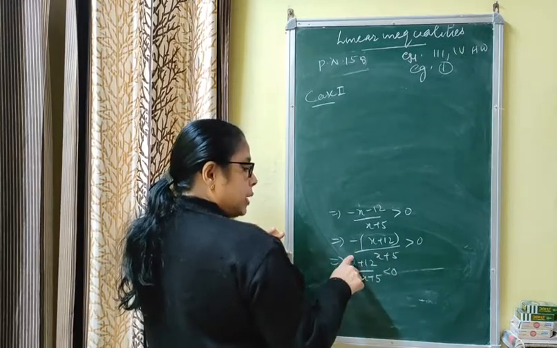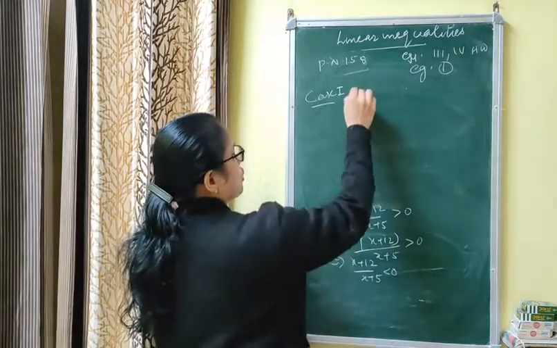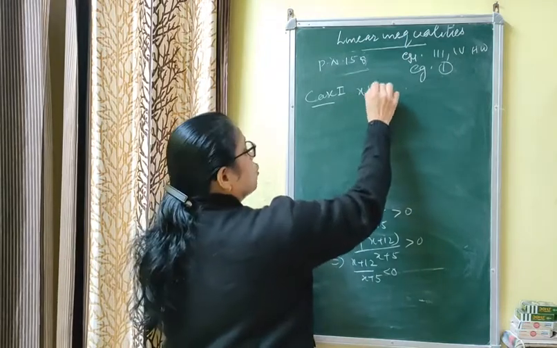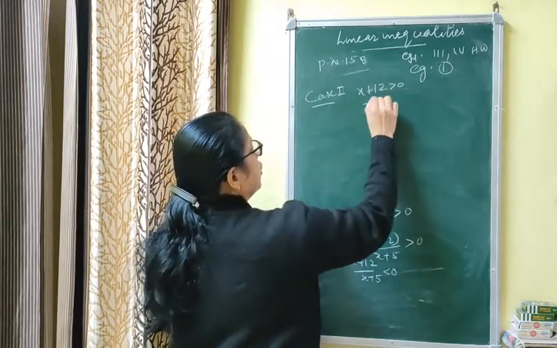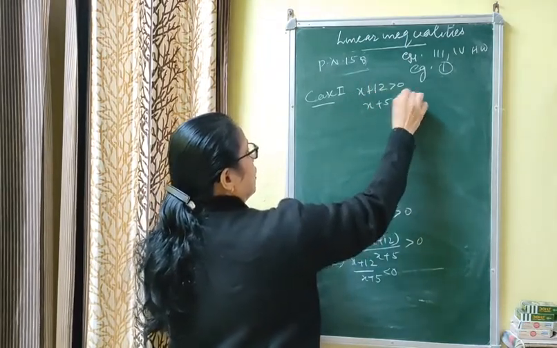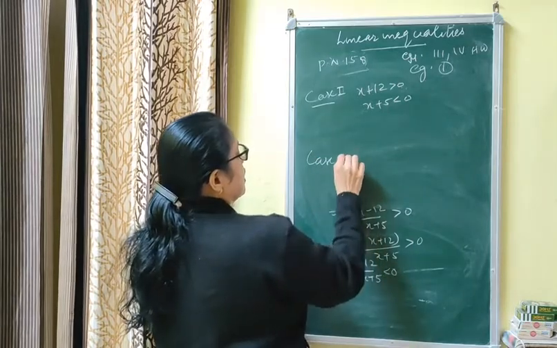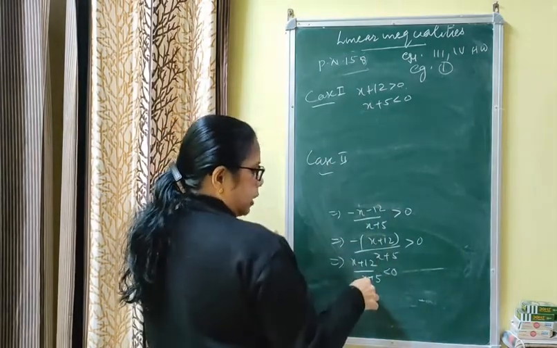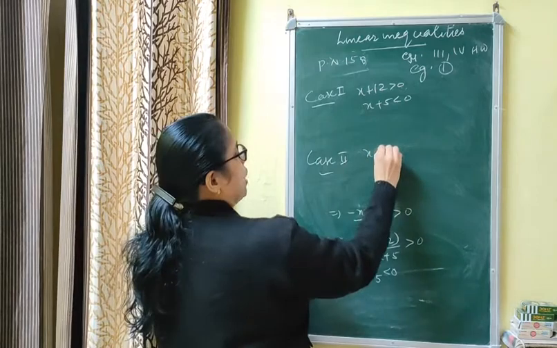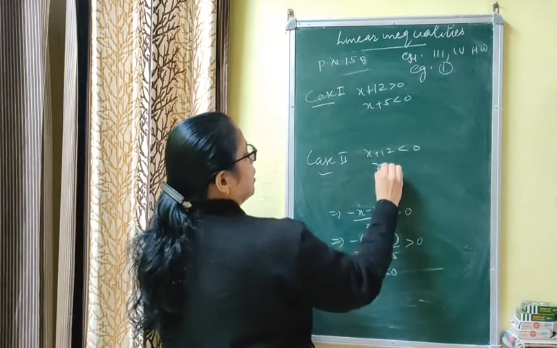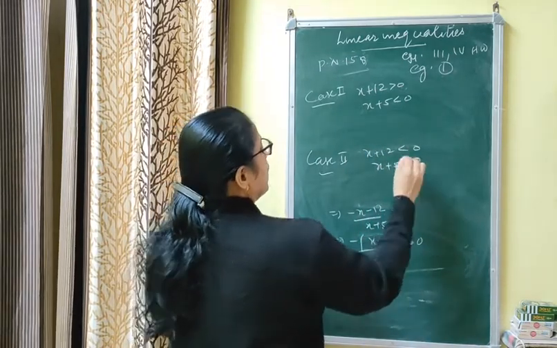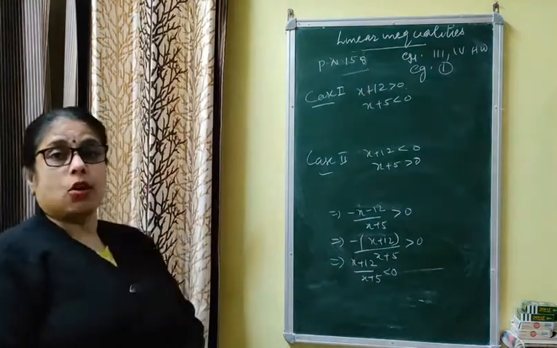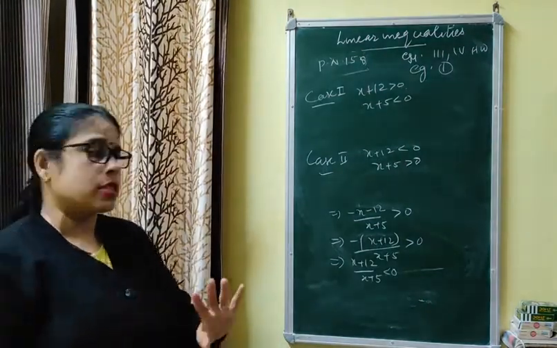Either the numerator will be positive and the denominator negative, or the other way around. First, take the case of numerator positive and denominator negative. Second case, positive upon negative gives negative. Again, x plus 12 less than 0 and x plus 5 greater than 0. From this, in whichever case the common region comes, that is the solution.